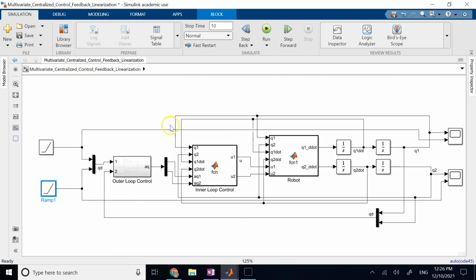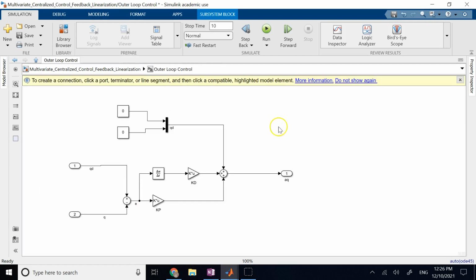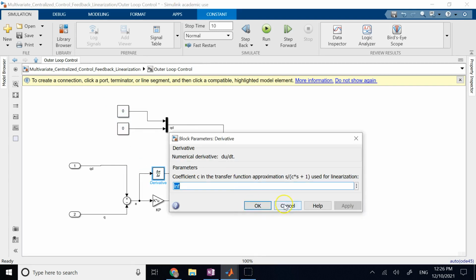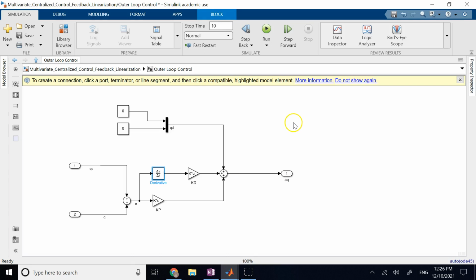The only point here is I have changed a little bit inside the outer loop, and instead of using the double derivative block, I use these constant zeros, because this derivative block in the beginning that the simulation starts is not going to do a great job when you do double derivative.